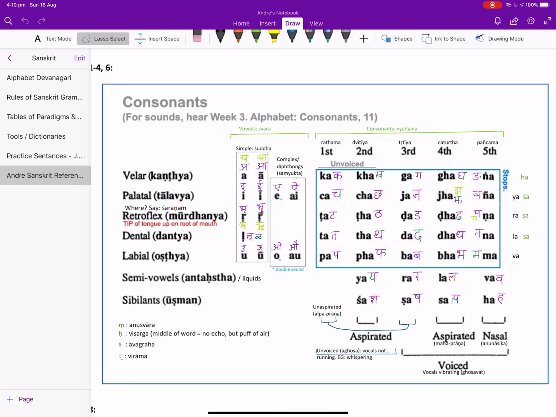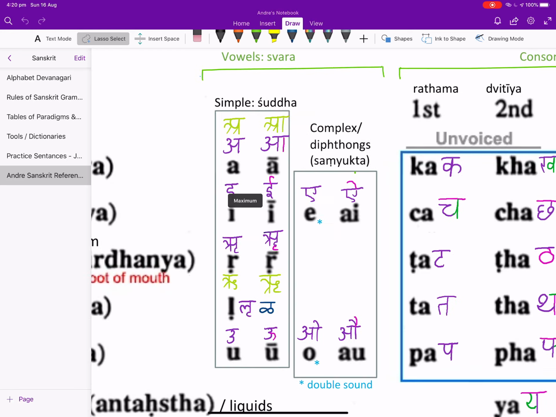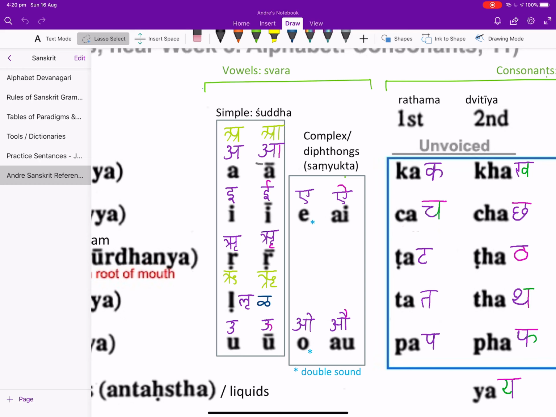A, I, R, L, U. So what we notice is if there's a line on top, that's a long.